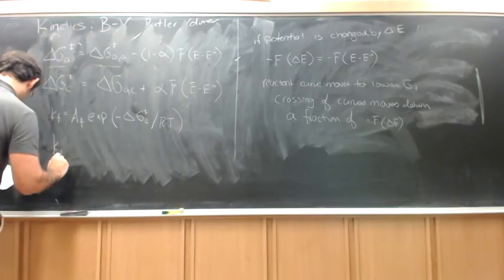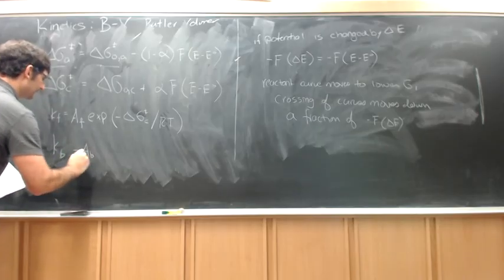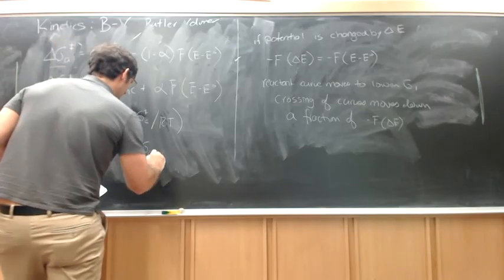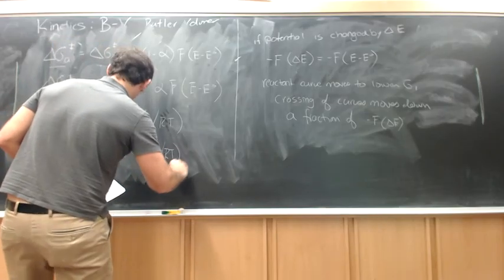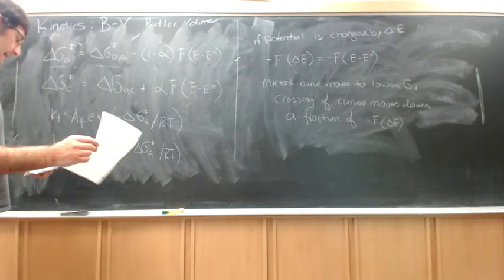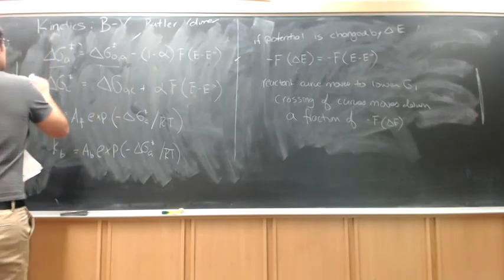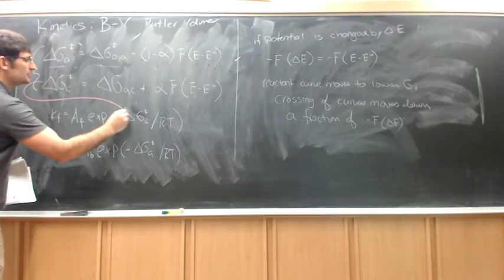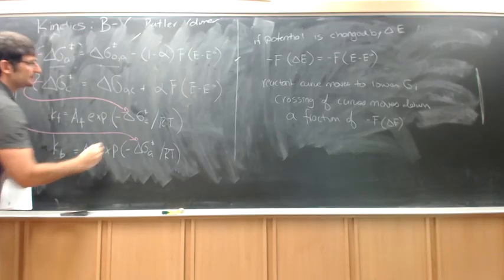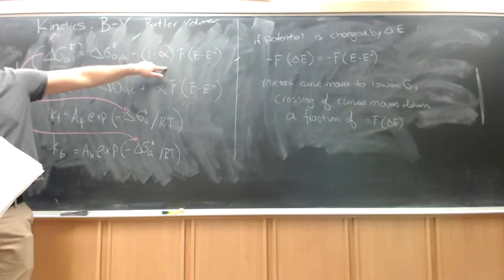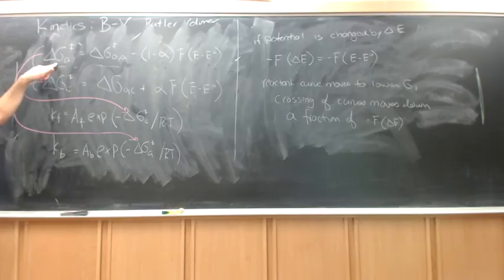And Kb equals the reverse attempt frequency, exponent delta G anodic double dagger over RT. Okay, so this is just the Arrhenius type equation for the rate constant. We can plug these terms in. I'm not going to do it because I don't want to take up the board space, but you can easily see that now the rate constant depends on the electrode potential, because the barrier depends on the electrode potential, and the rate constant depends on the barrier.